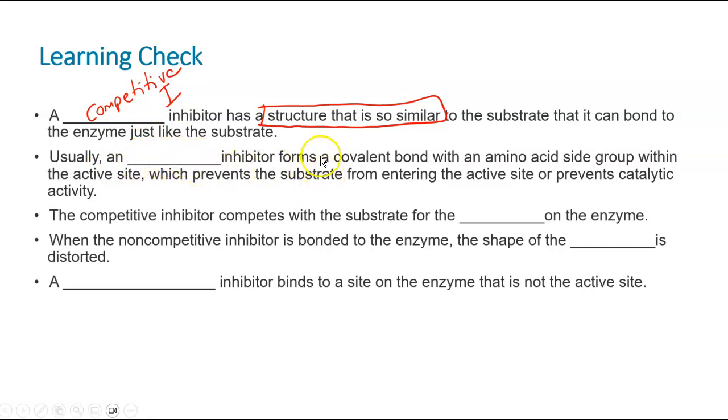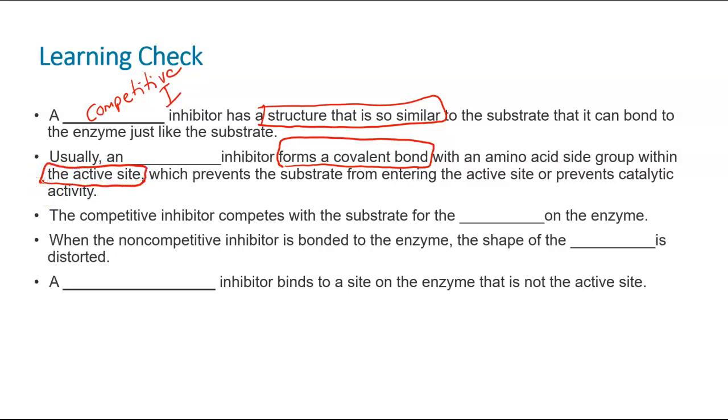And the second one: a blank inhibitor forms a covalent bond with an amino acid side group within the active site, which prevents the substrate from entering the active site or prevents catalytic activity. So what is that type of inhibitor? What are the things you need to focus on? It says it forms a covalent bond with an amino acid side group within the active site, right?